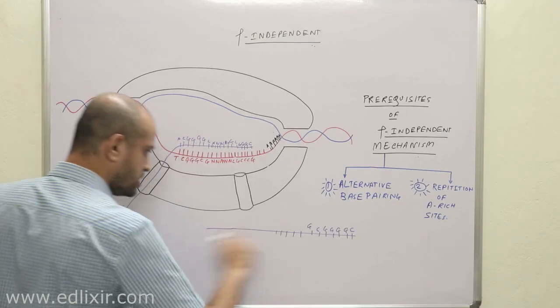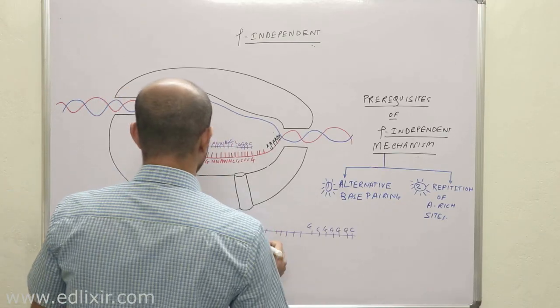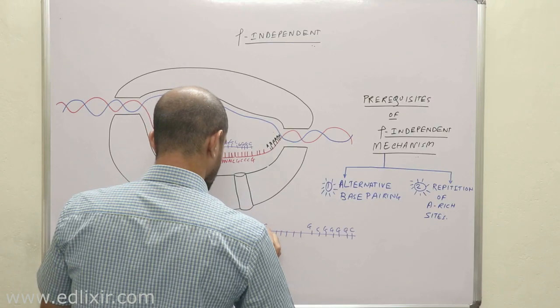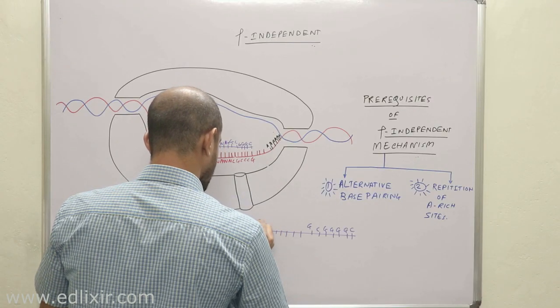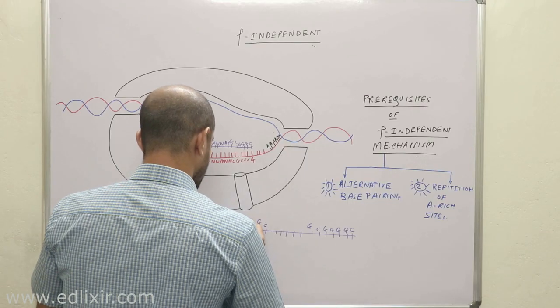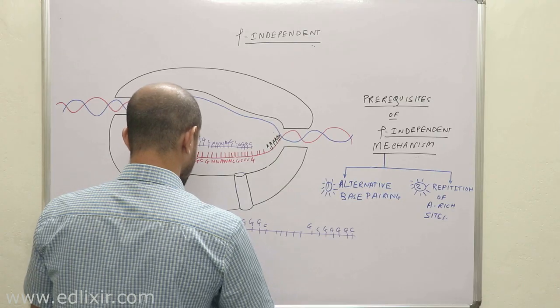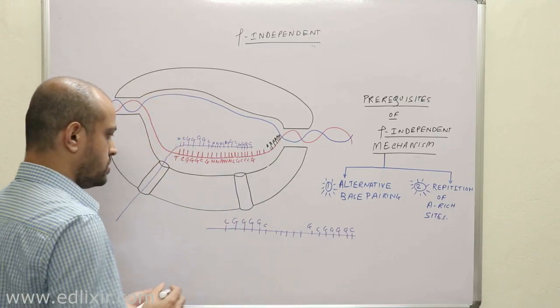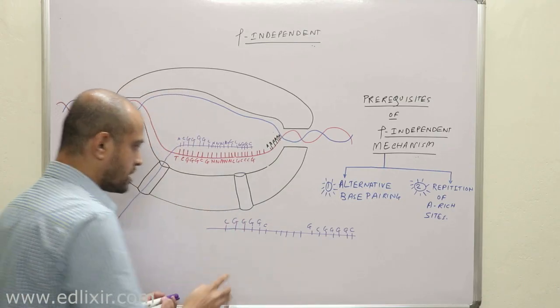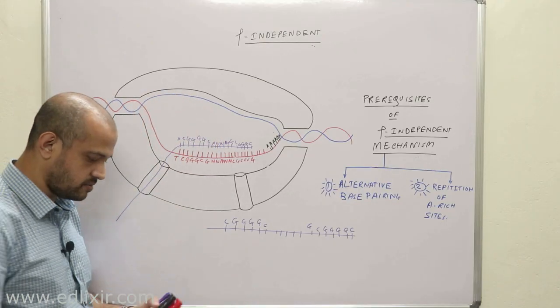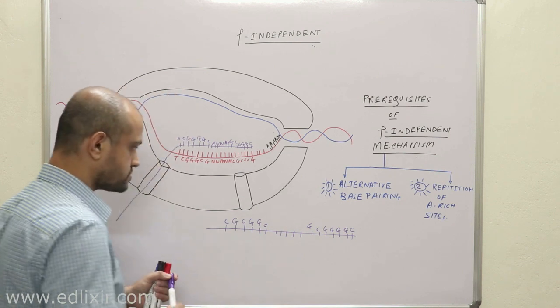Then there is C, G, G, G, G, C. Can you find the peculiarity here?